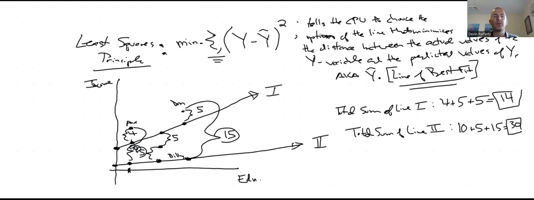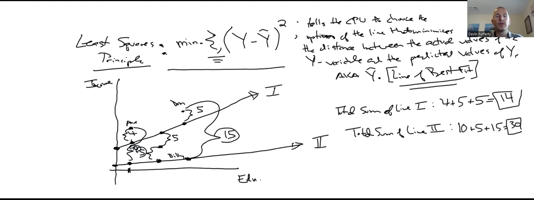Well, that line is going to be line 1. The least squares principle is telling you that the line that best fits the data will be the one that minimizes the sum of squared difference between the actual and the predicted values of y.